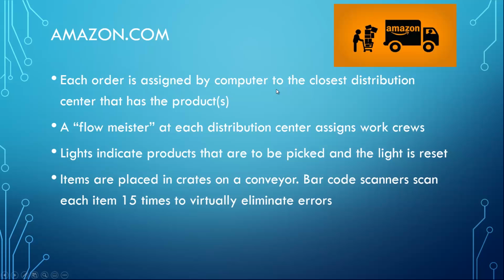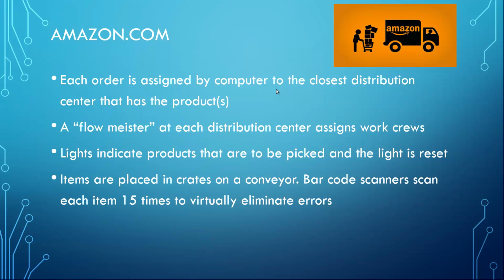Each order is assigned by computer to the closest distribution center that has the product or the products. A flow master at each distribution center assigns work crews. It's like somebody who organizes the movement of stuff within that distribution center.